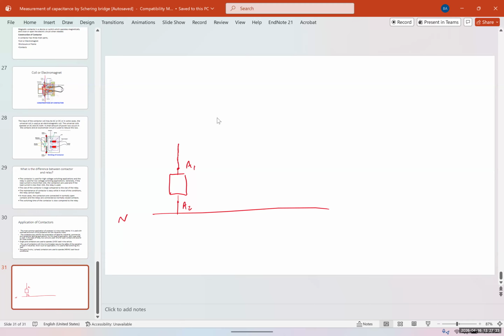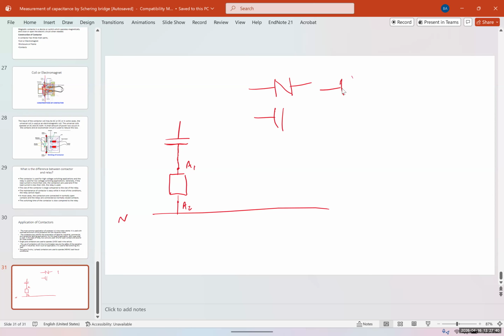And we usually show normally open with this sign, and we show normally closed with this sign. So we can show normally closed like this, and normally open with this.